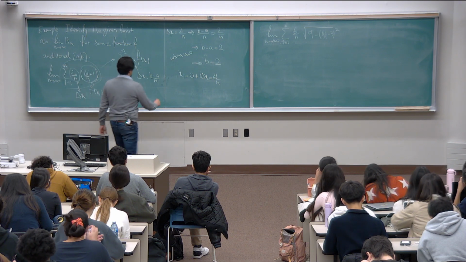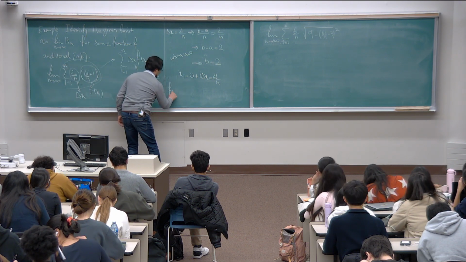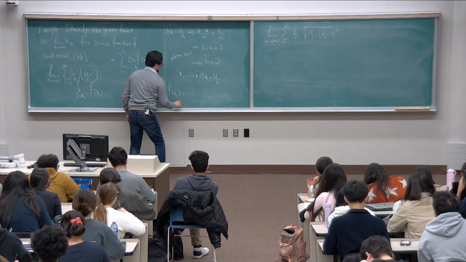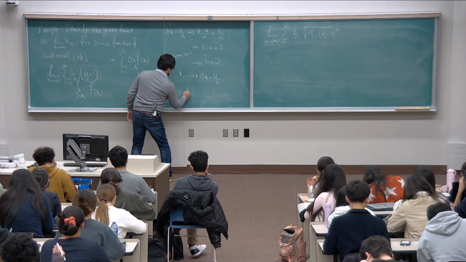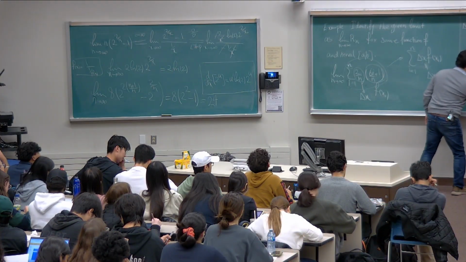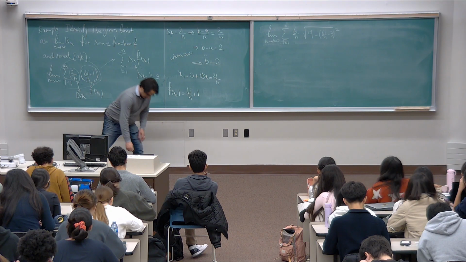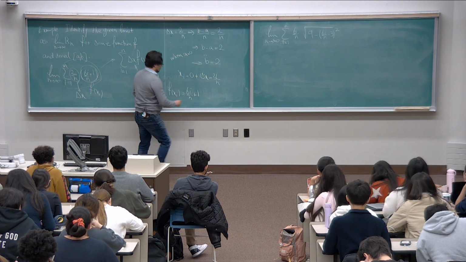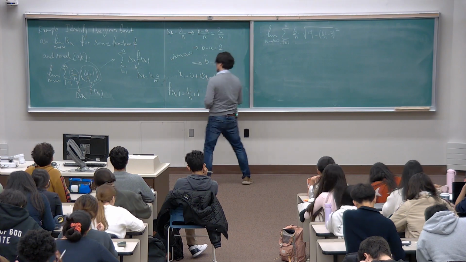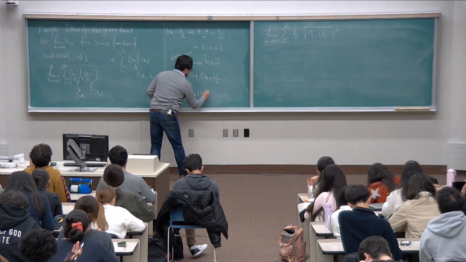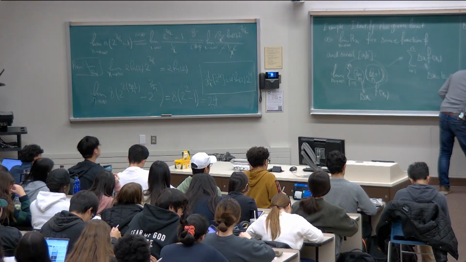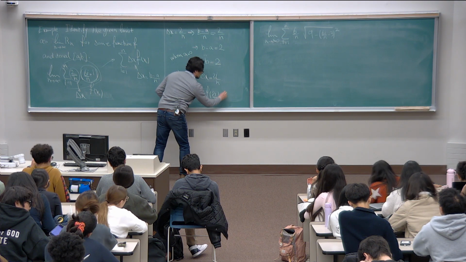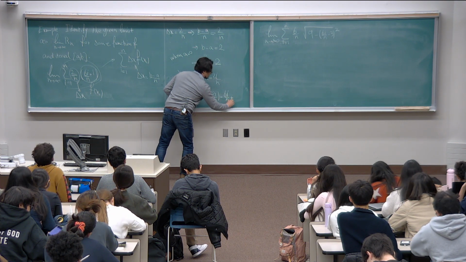And now f of xi, I'm claiming, is equal to 6i over n plus 1. Or in other words, I'm claiming that f of 2i over n is 6i over n plus 1.